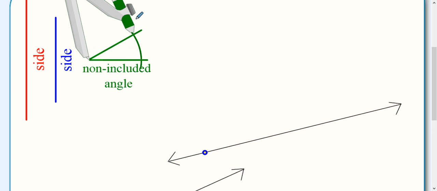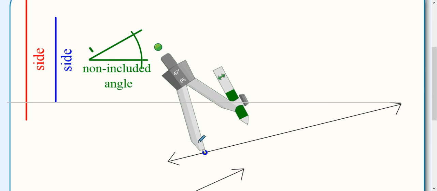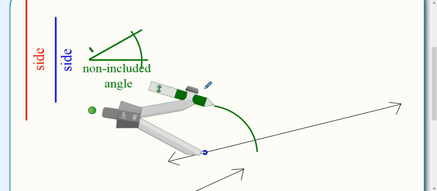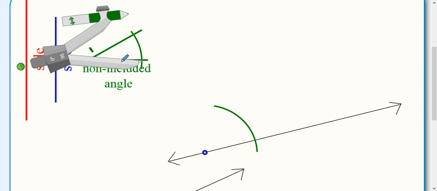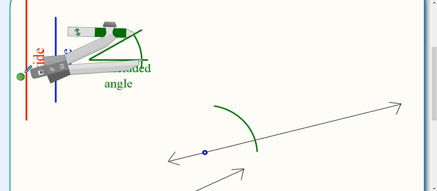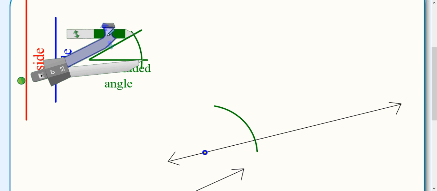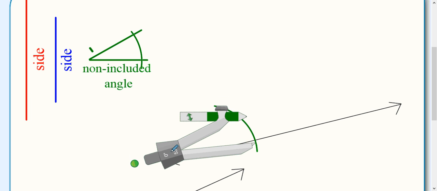So make your arc. And then we're going to come down here and we're going to copy that. You measure how big that angle is along that arc. And we copy that.